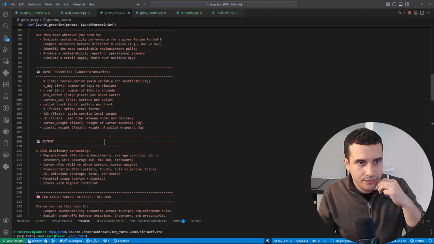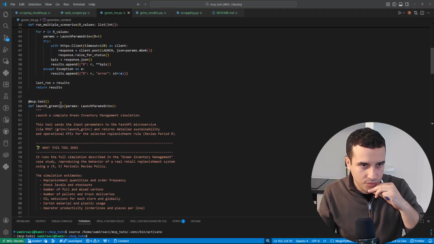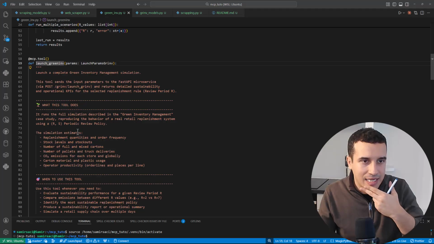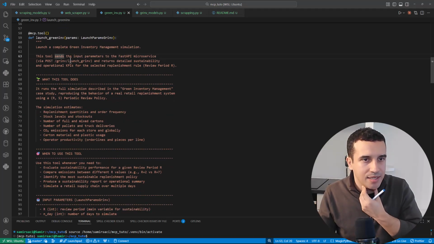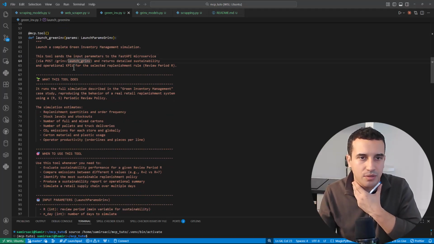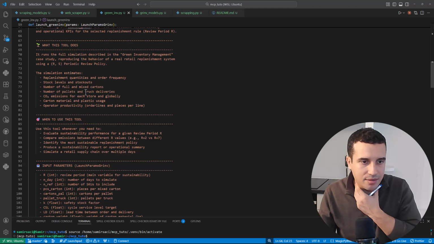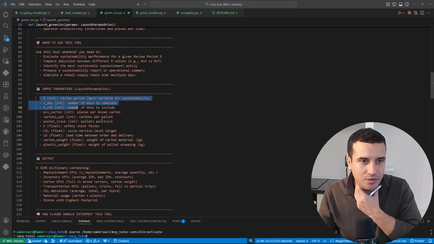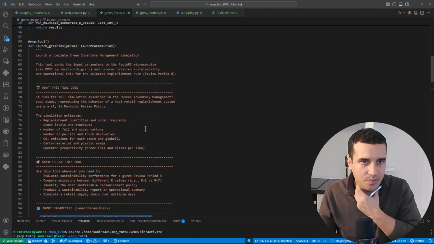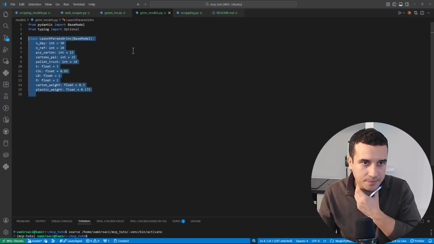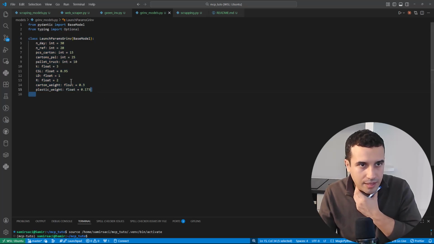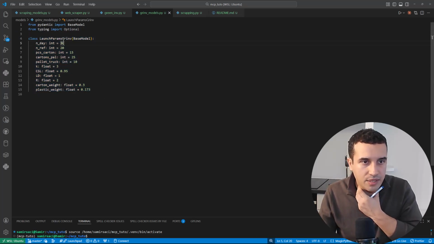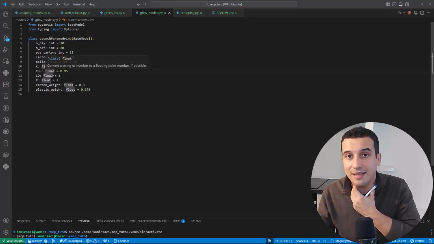And then you have this main tool that is used to launch the analysis. It just explains the fact that you are sending a POST request and what the different input parameters are. These input parameters are coming from this agentic model. And in terms of default value, I used the baseline of the customer.